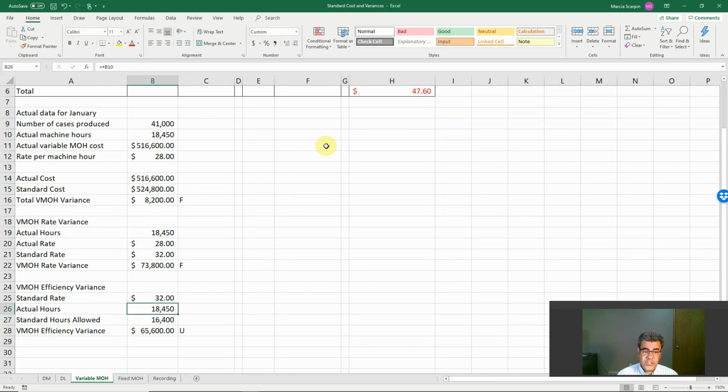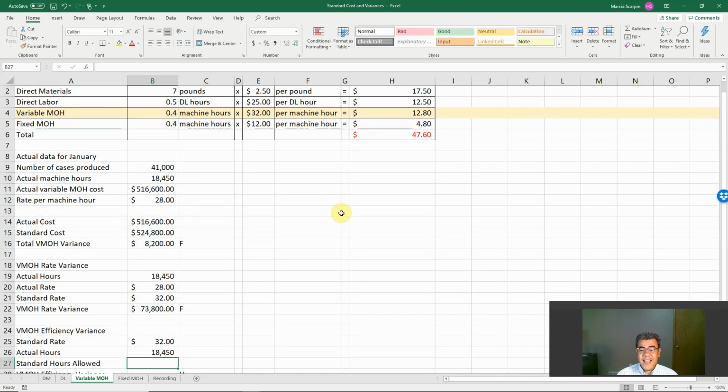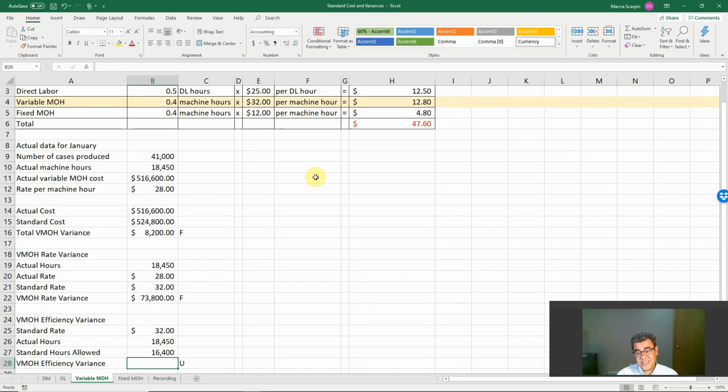However, efficiency: our standard rate 32, actual hours 18, standard hours allowed 0.4 per unit times 41,000 units, 16.